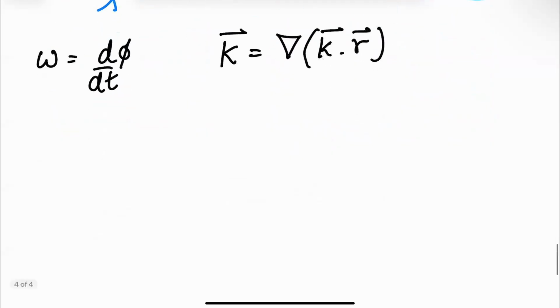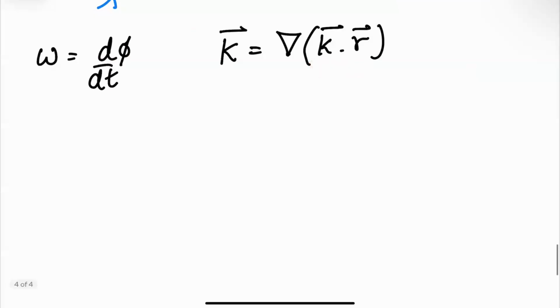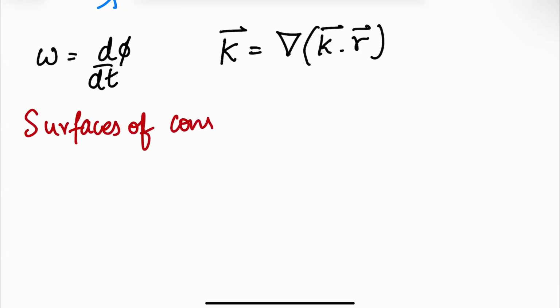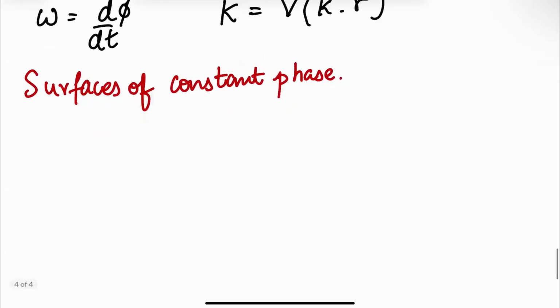Another way to look at it is visually. This also explains why it's called a plane wave. For example, if I look at this phase factor and I want to look at surfaces of constant phase, say my k vector is something like that.